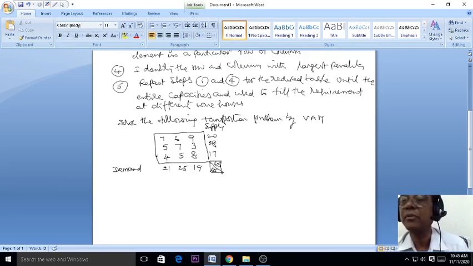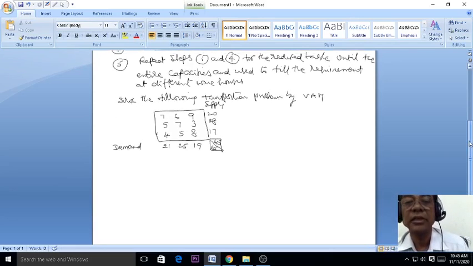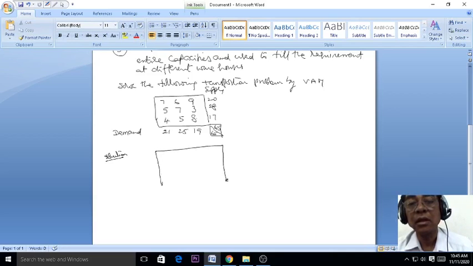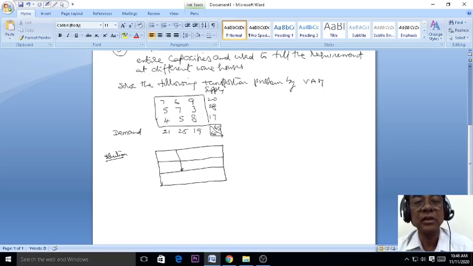Okay, now come to this point. So how to solve the problem? First, see this one. So the solution. How many rows are there? 3 rows, 1, 2, 3. 3 columns, like this.